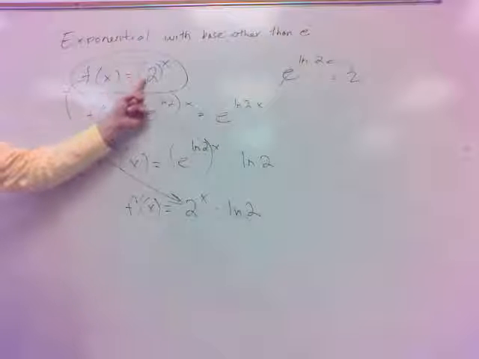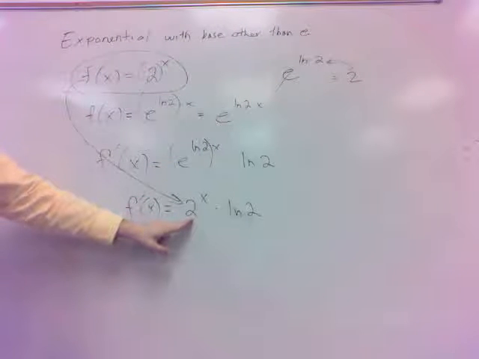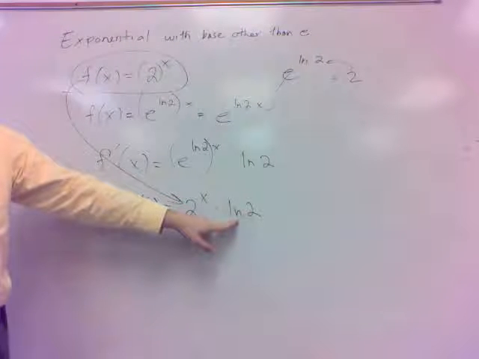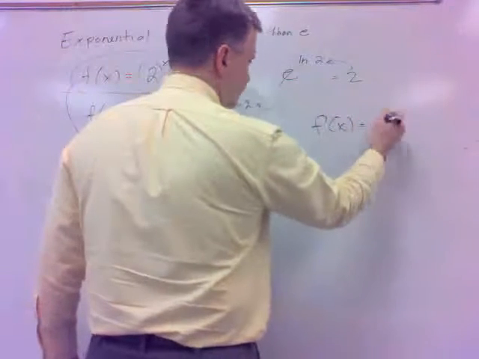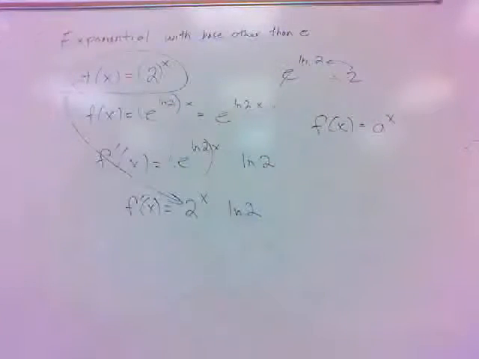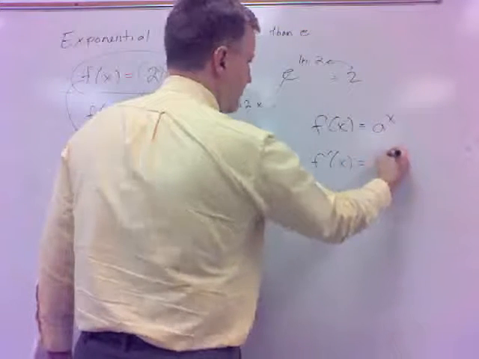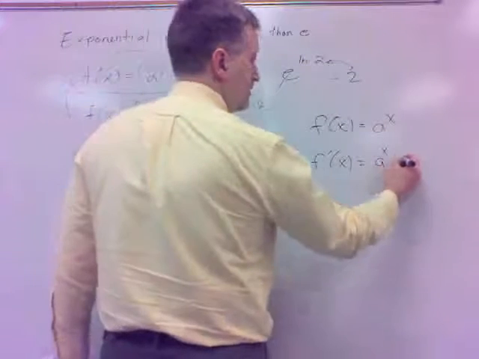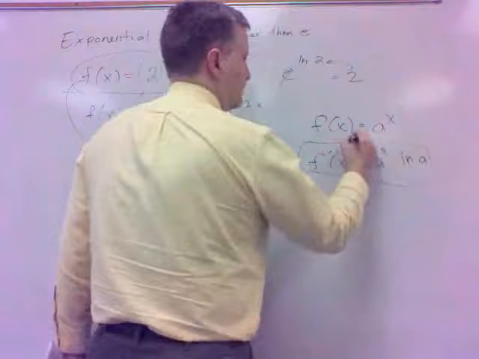So if you have a base other than e, it's basically the same. The derivative is itself, but you do have to multiply by this extra factor, ln of 2. So if I have any base other than e, well, it works for base e too, so for any base a, the derivative is going to be that same exponential, a to the x, but times what? ln of a.